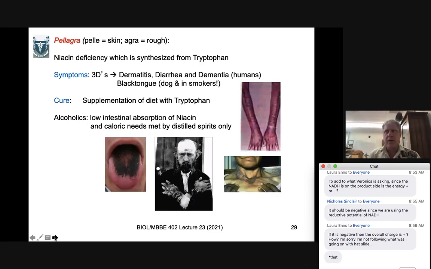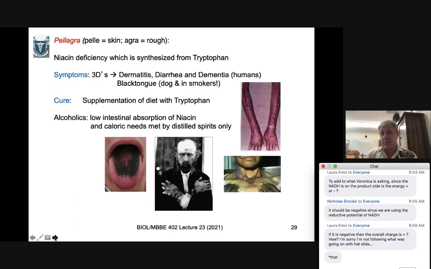This is a very uncommon disease now because we have a lot of fortification of breakfast cereals and other foods that have this particular compound in them. Pellagra is a medical condition in which there is an apparent deficiency of niacin in the body.